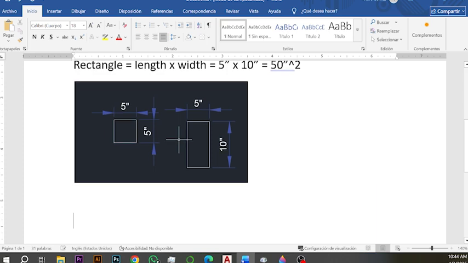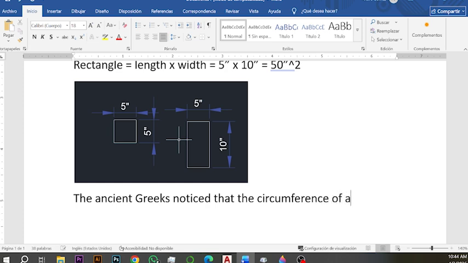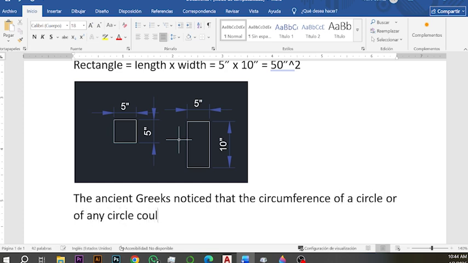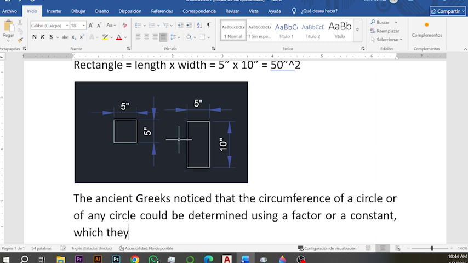And so what's the next one? Well, a circle. So we'll start with the basics. The ancient Greeks noticed that the circumference of any circle could be determined using a constant, which they called pi.